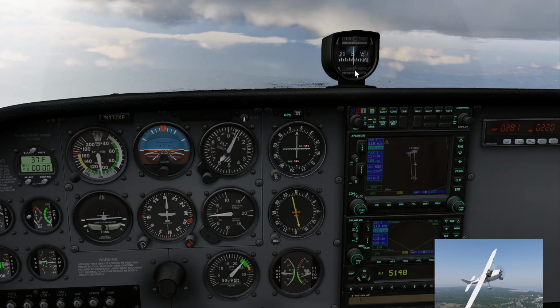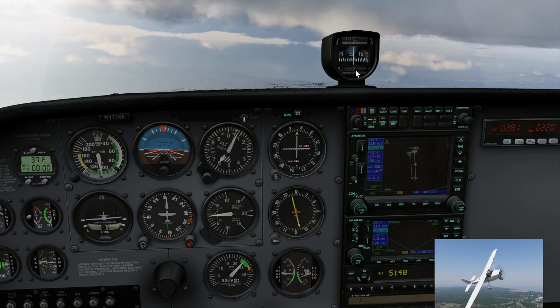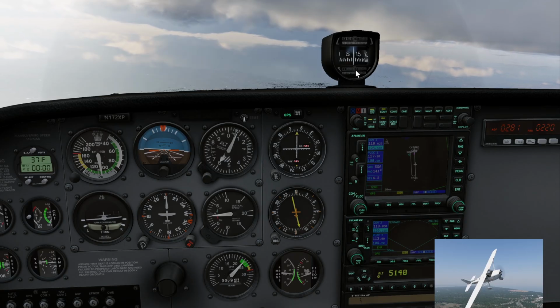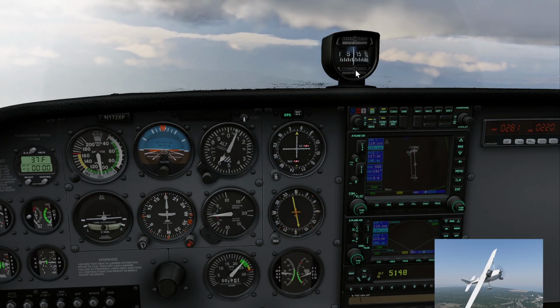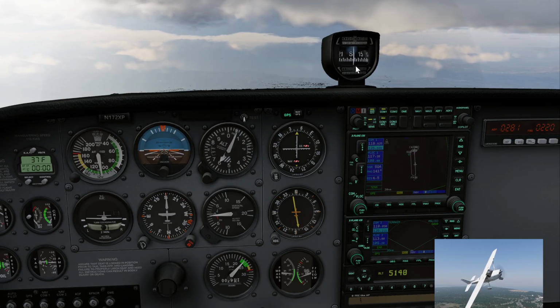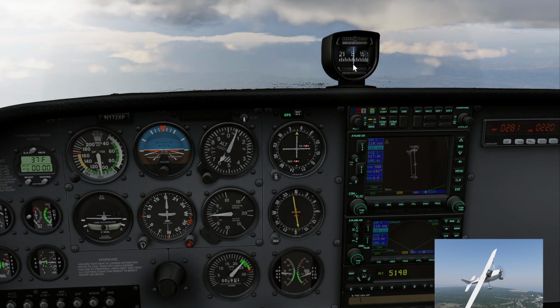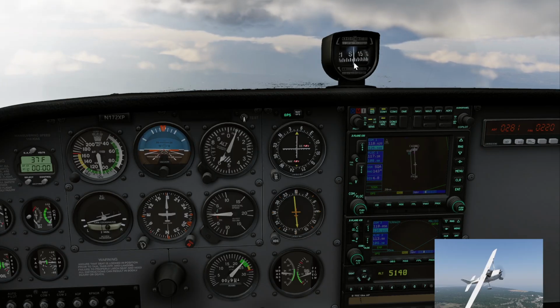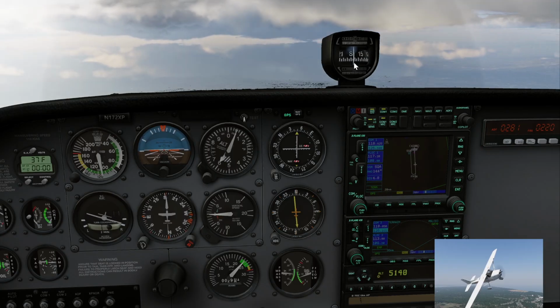Let's check our compass. Small, shallow turns. Okay, 180. What does our compass indicate? Yeah, that's pretty close to 180. So we're good there. So right now, we want to be tracking outbound 180.